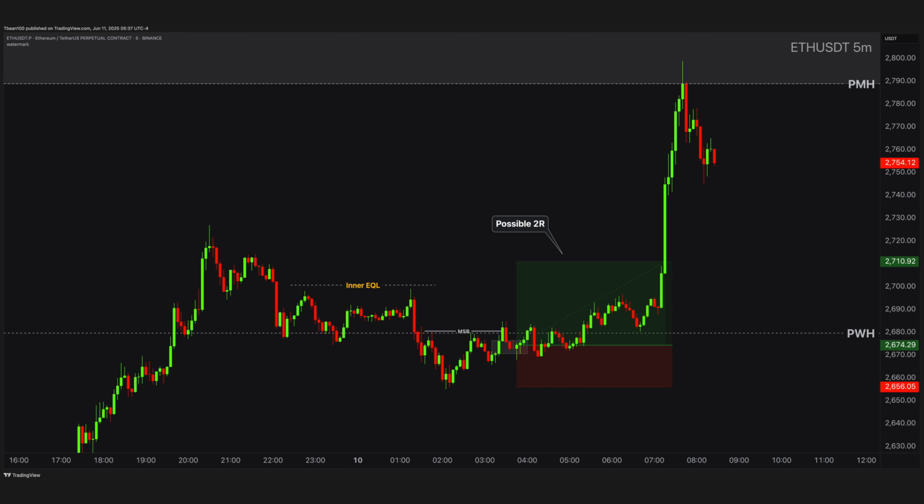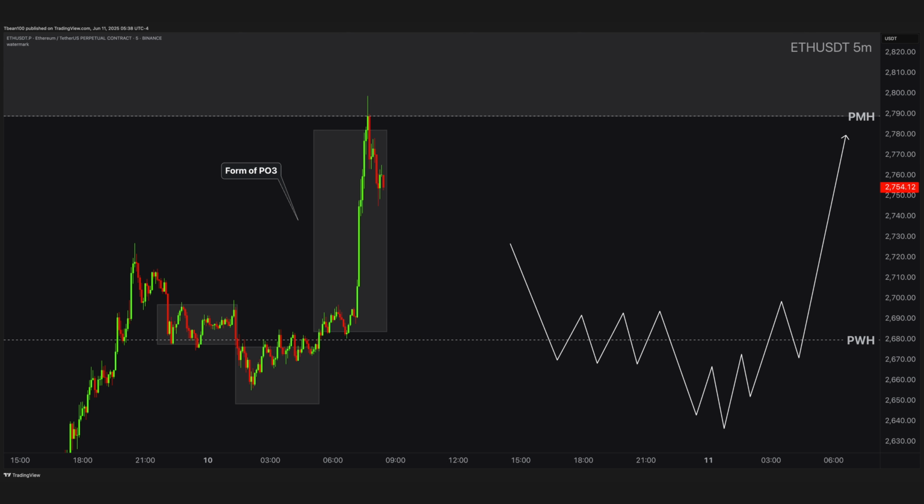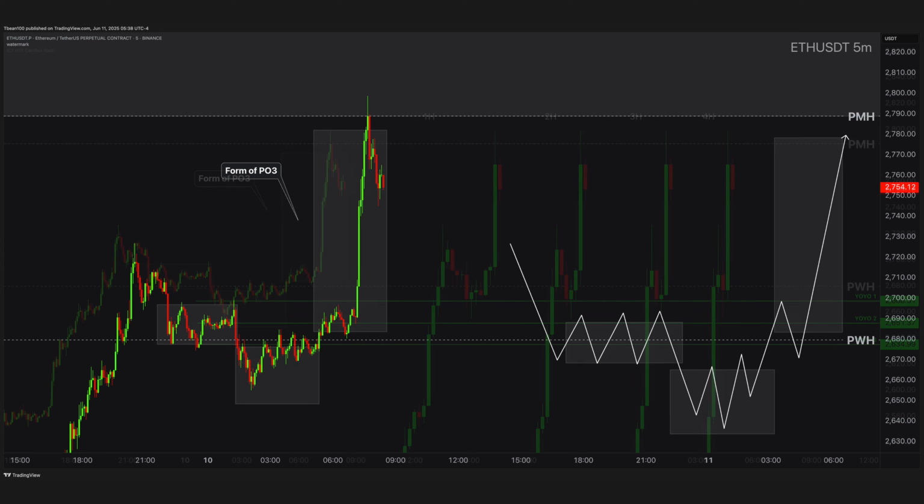But what is really happening here? What actually happens here is an inner PO3, the power of 3, a sequence-based price movement: accumulation, manipulation, and finally the distribution. Since many of you may have a hard time to trade this, I know that.